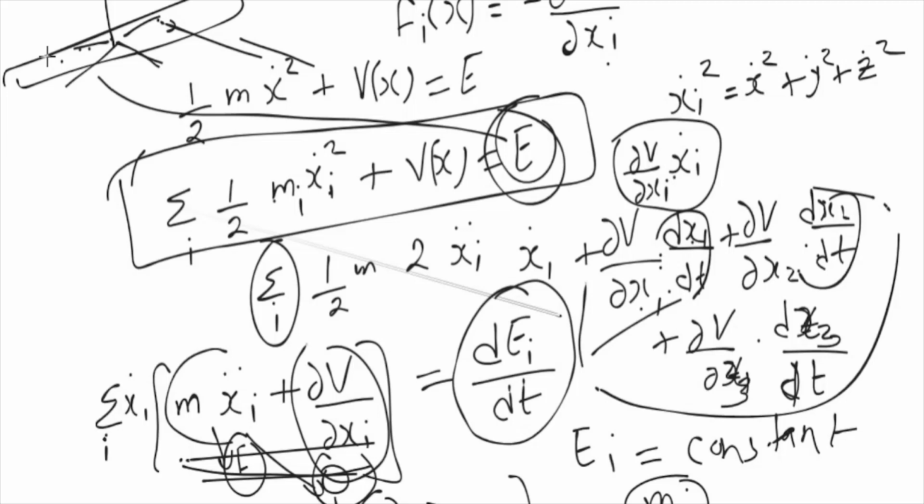Let's take the case of the spring to prove it. We know for the spring, we did it last time too, what is the force for it? F is equal to minus kx. For the spring, F is equal to minus kx.